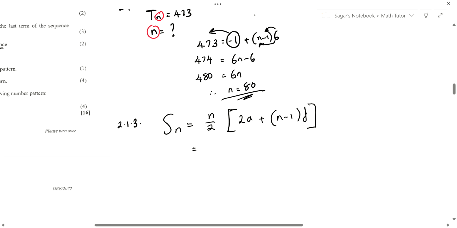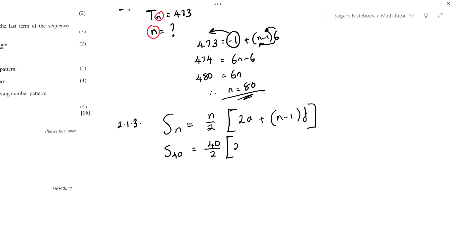And now sum of the 40 terms is 40 all over 2 open brackets 2 multiplied by minus 1 plus open brackets 40 minus 1 multiplied by a difference, which is 6. And this will equal to 20 multiplied by minus 2 plus 39 multiplied by 6.